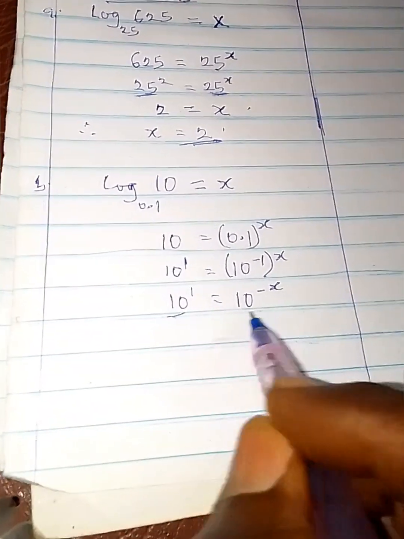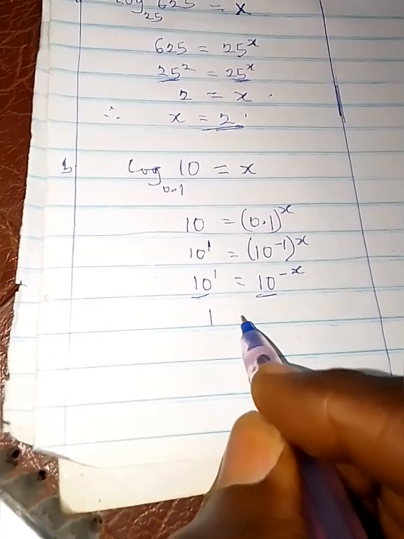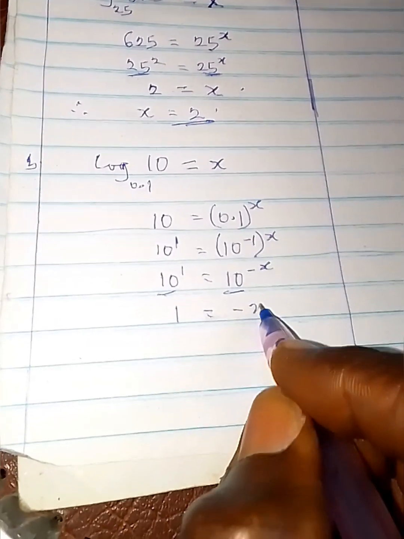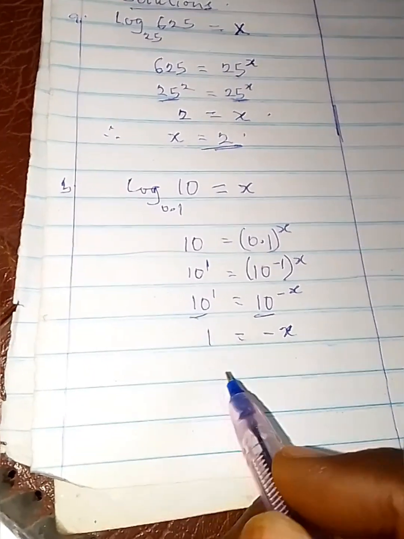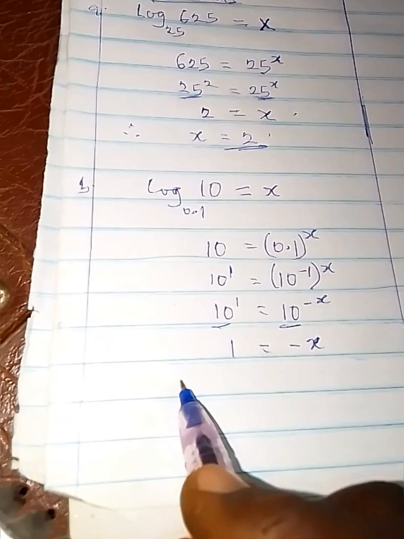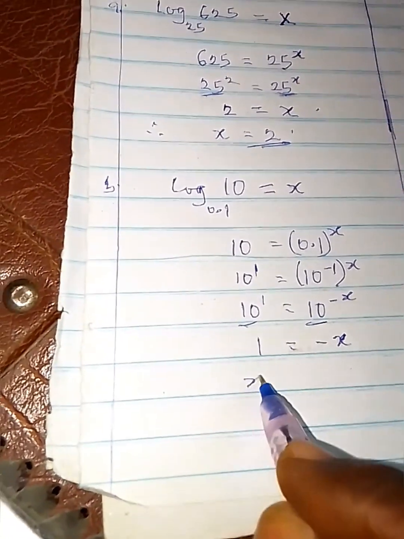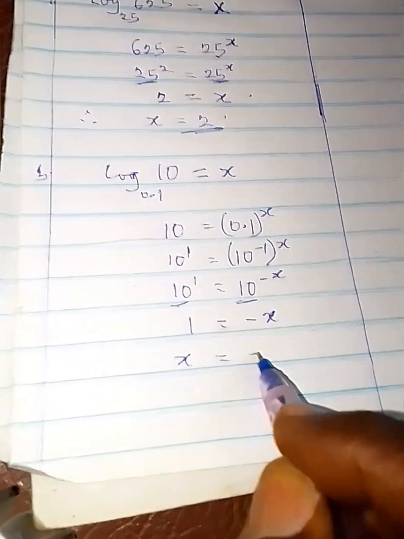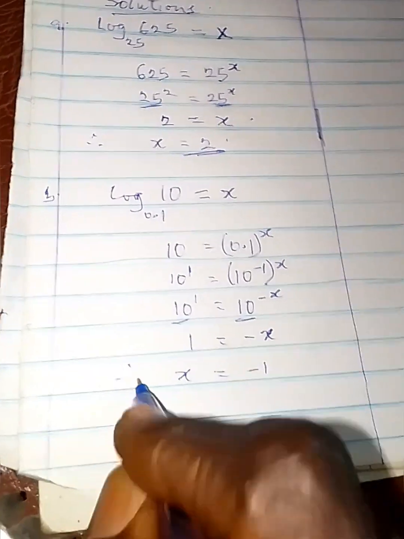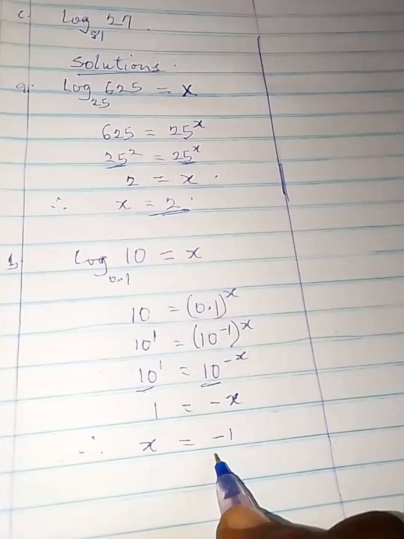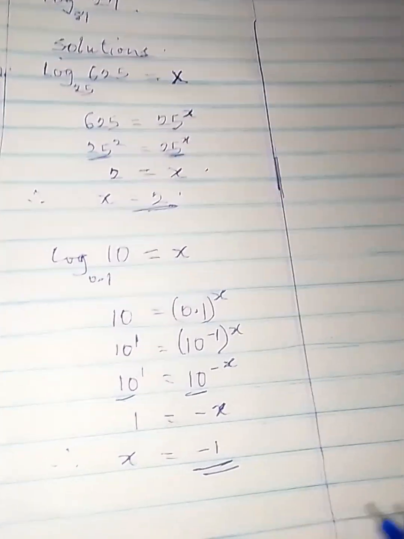Now you have the same base. Consider only the raised to power now. You have 1 equals minus x. Then multiply both sides by minus. So x is equal to minus 1. Your answer here is minus 1.